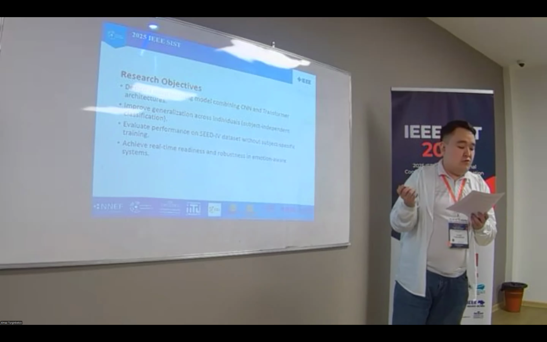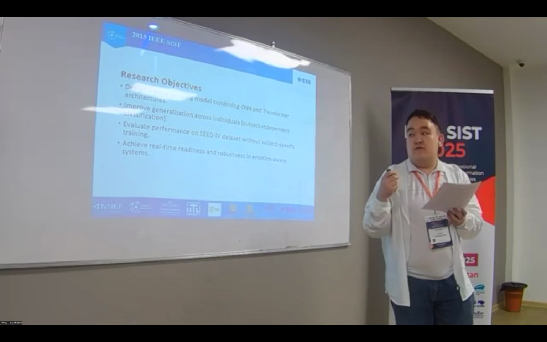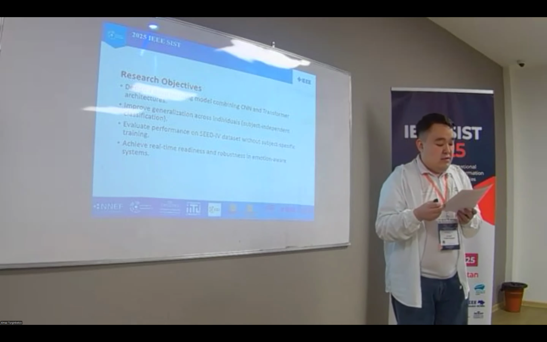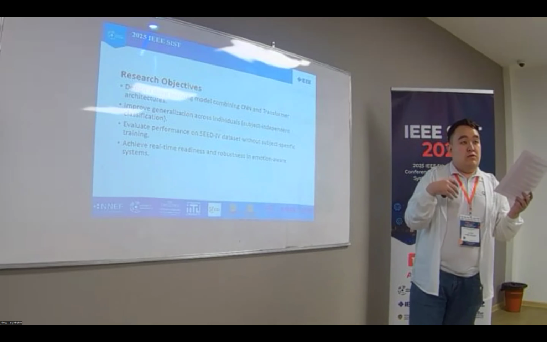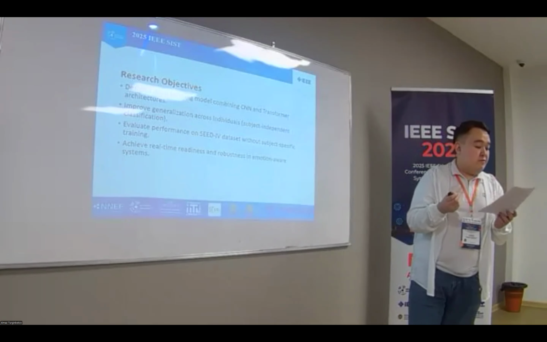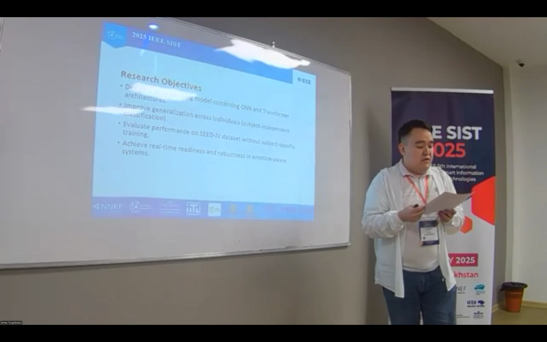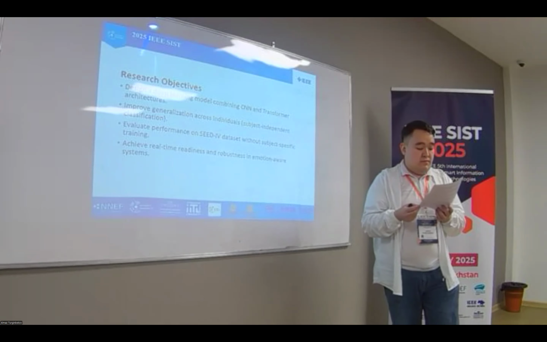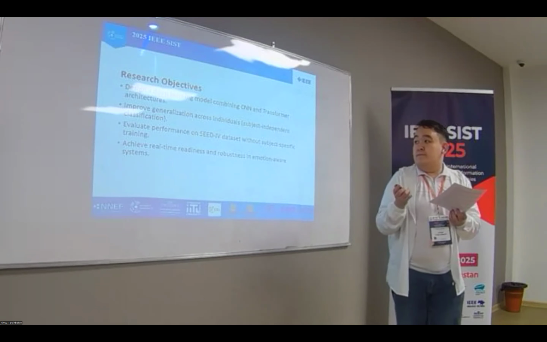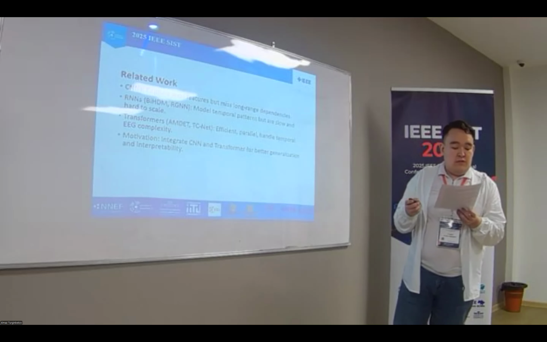Here is our research objective. First one is to combine CNN and transformer model, then make the model work for everyone without being specific to particular people. Third one is to base it on real datasets, and finally make sure that it could work in real time. Next one is the related work.